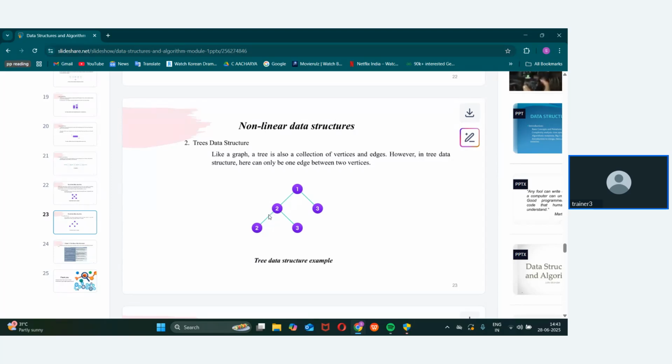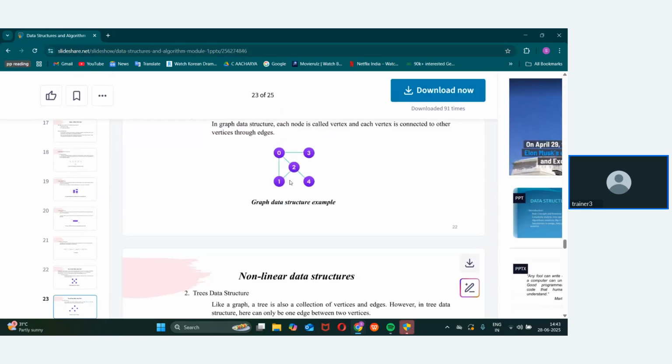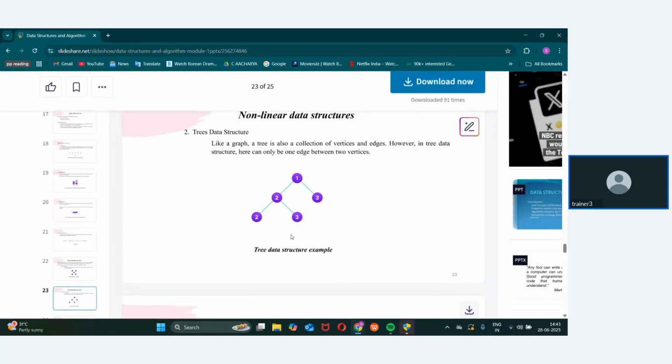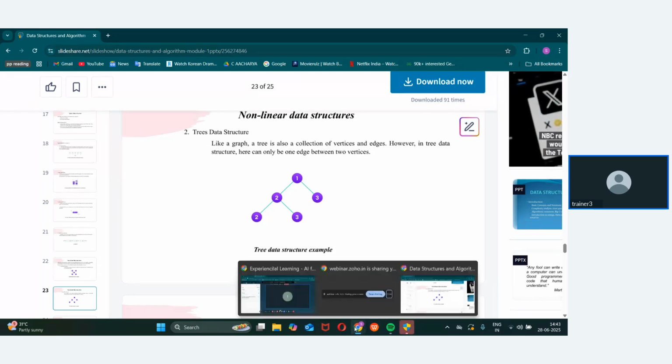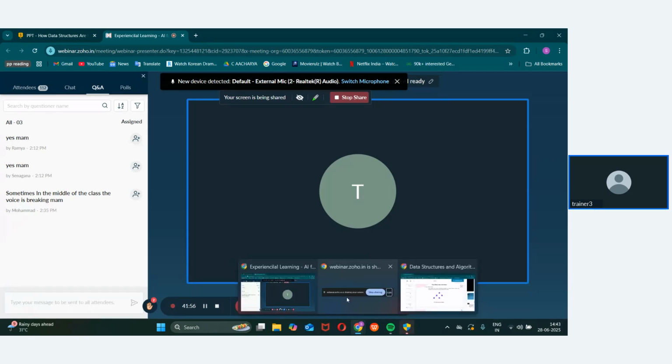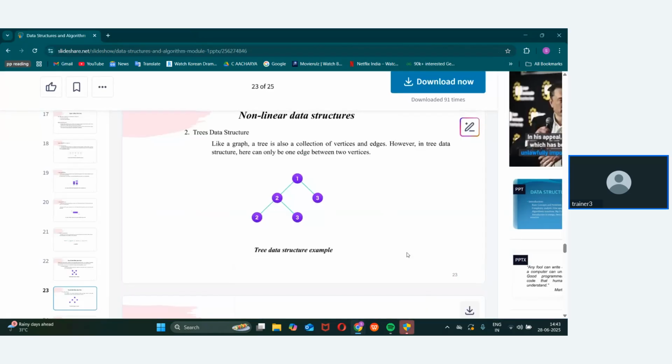We have only one branch between them. But when you take this, they have more than one connection. So this is all about tree and graph data structures. Yeah, you can have a look at it.